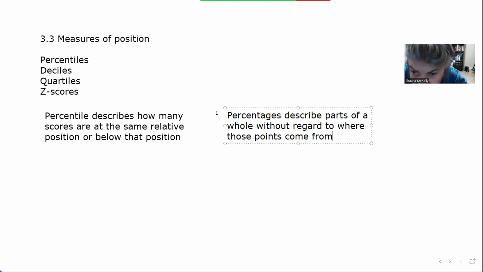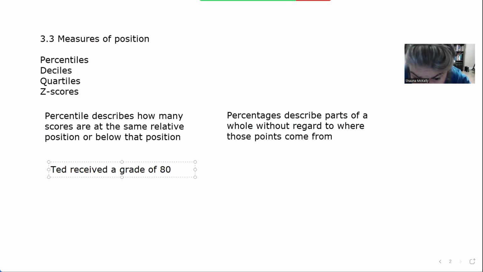If I say Ted received a grade of 80% on his statistics exam, well, that means that Ted earned 80% of the points that were available on that exam, right?